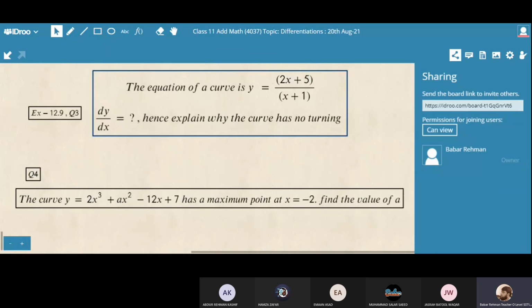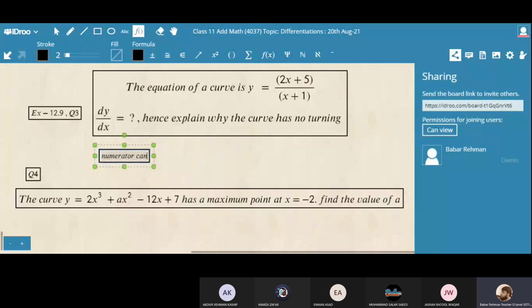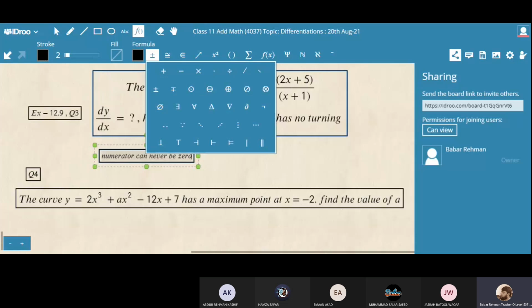So when the gradient is never zero, there is no turning point in the graph. So you can say the numerator can never be zero.